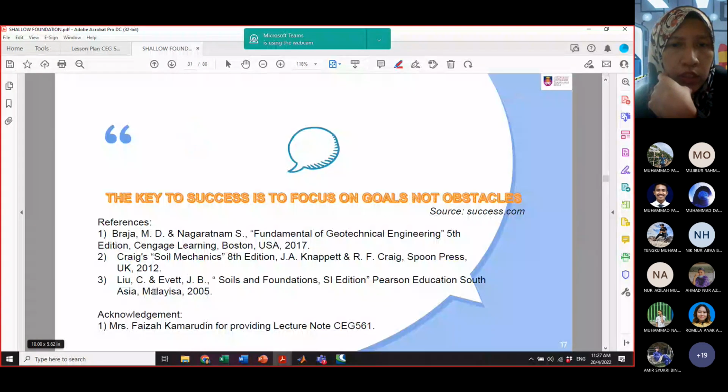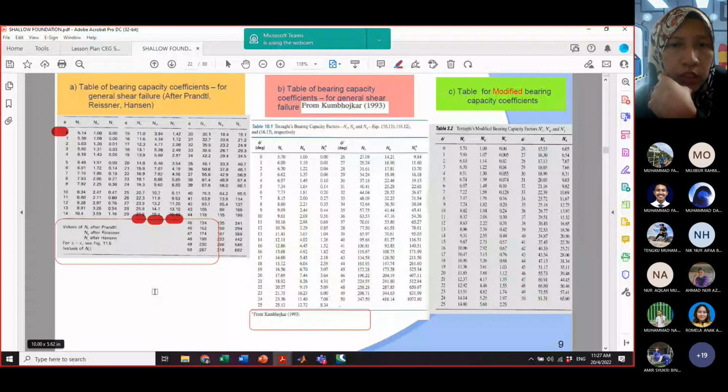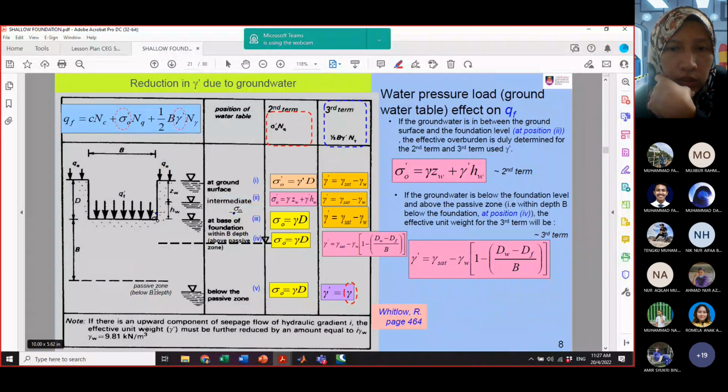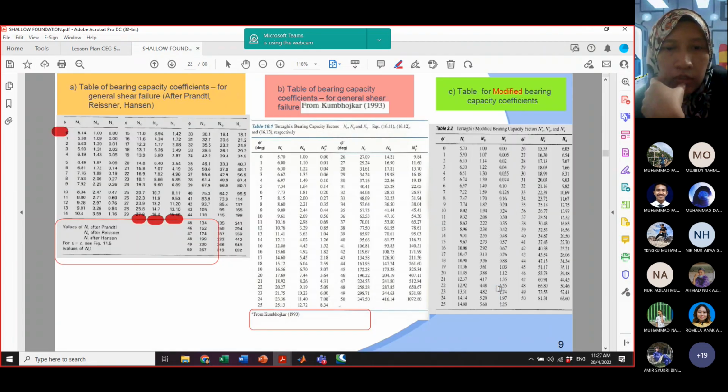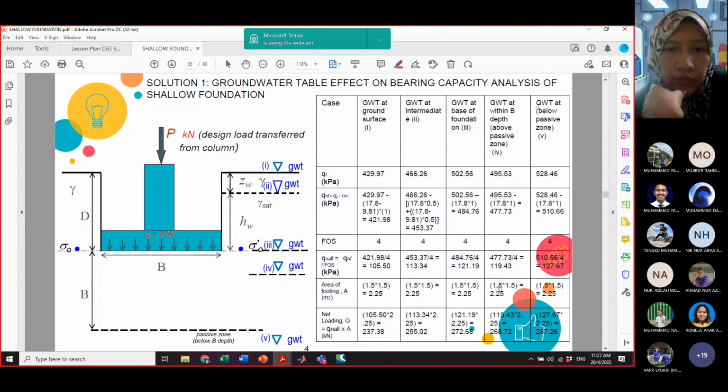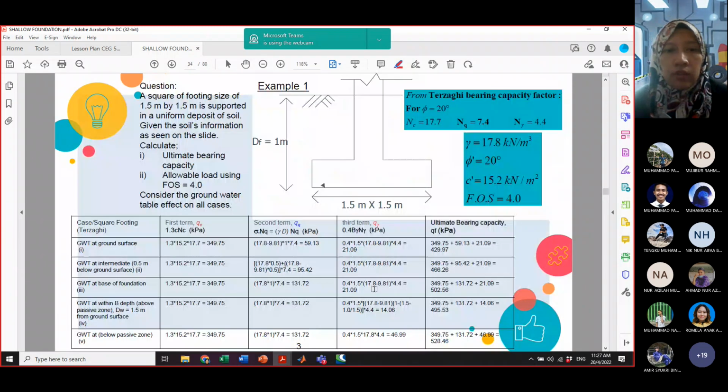I think that you pergi balik dekat nota dekat bawah tu tadi, it shows you how to calculate the DW. Okay, at this particular things. DW ni kalau you look at from this one is founding depth 1 plus dengan water table influence tu 0.5. So kita akan dapatlah 1.5. So that's the affected in term number 3.